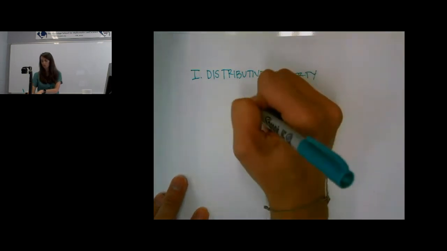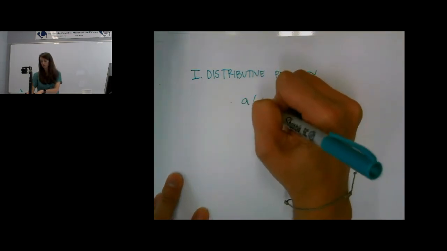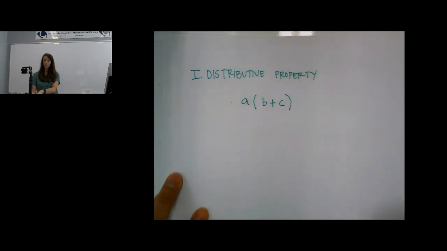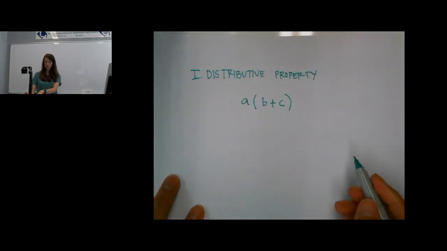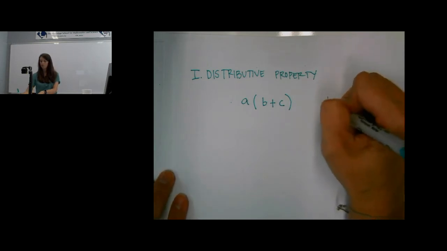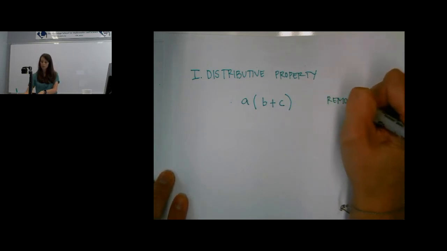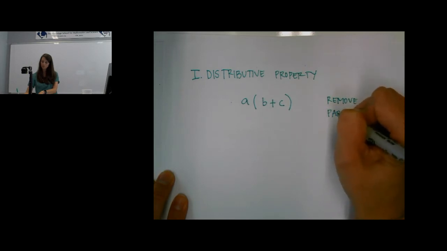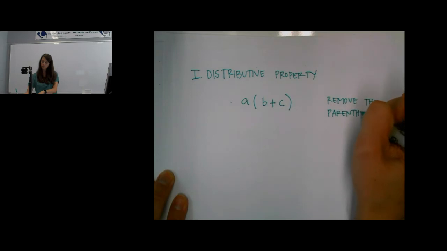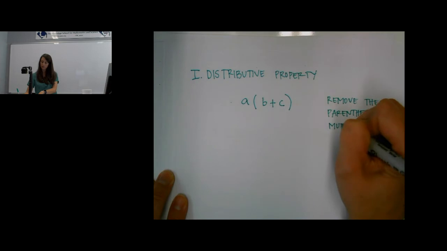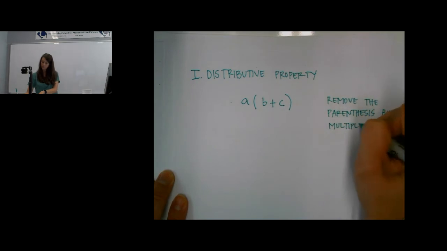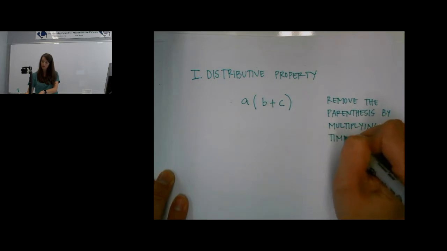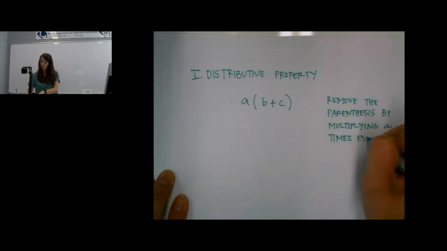The distributive property tells me that if I have a number on the outside, I can remove the parentheses by multiplying the a times everything inside.